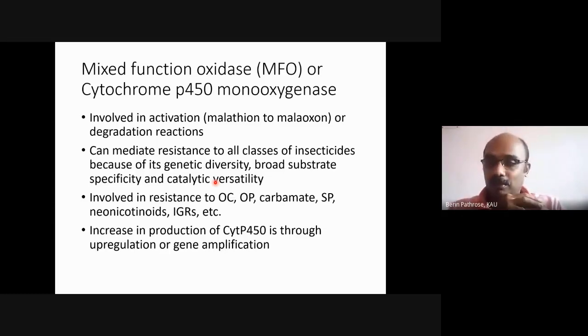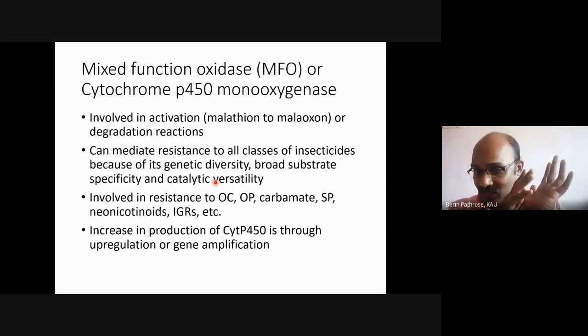Any molecule with an ester, thioester, or amide bond. That is because it's an esterase. It has to have this kind of ester bond to hydrolyze upon. But mixed function oxidases don't have that much specificity. It is broad in action. That's why it is called broad substrate specificity and catalytic versatility. Not only oxidation, hydrolysis, everything can be carried out by this group of enzymes.